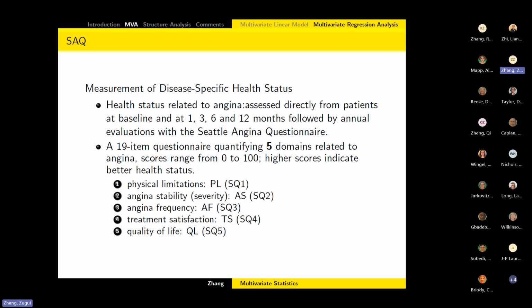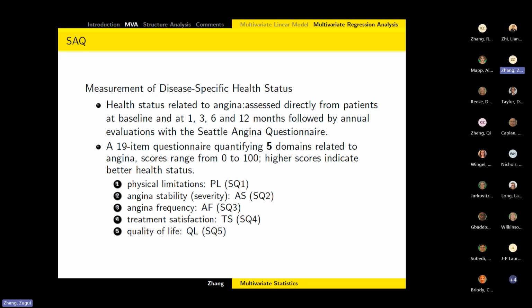The Seattle angina questionnaire consists of 5 domains: physical limitations. In our data set, later we will use SQ1, angina stability, SQ2, angina frequency, SQ3, treatment satisfaction, SQ4, and quality of life. So in this study, we have 5 quality of life scores as outcomes.